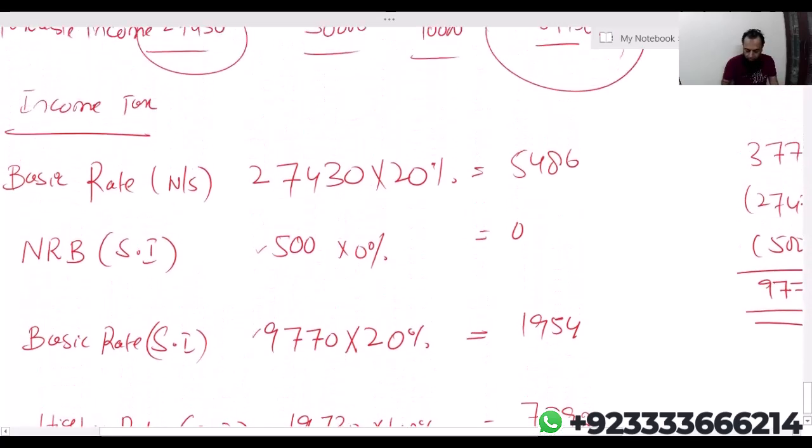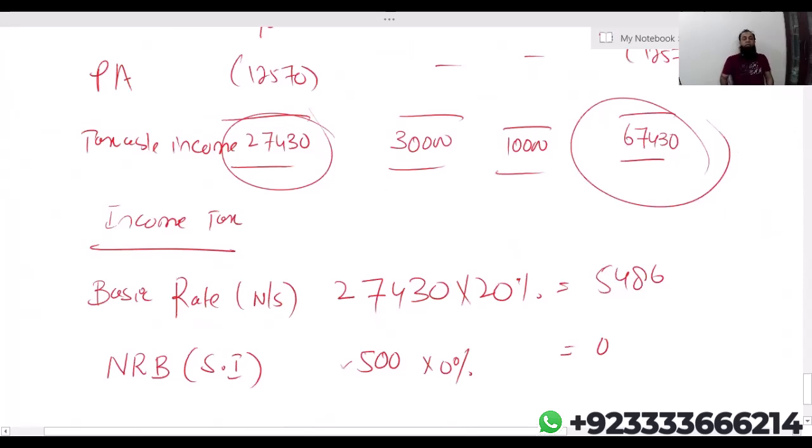Now we'll move towards dividend income. Rule number one which you need to remember: dividend income is taxed at the end of all other sources of income.